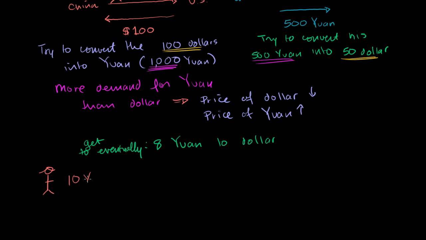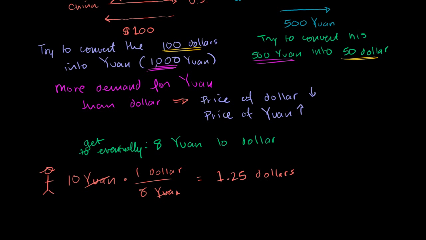They were 10 yuan, times $1 for every 8 yuan. So the yuan cancel out. This is really just dimensional analysis you might have learned in chemistry. So 10 over 8 is what? That's 1 1/4. This is $1.25. Notice the price of his dolls went up in the United States in terms of dollars.